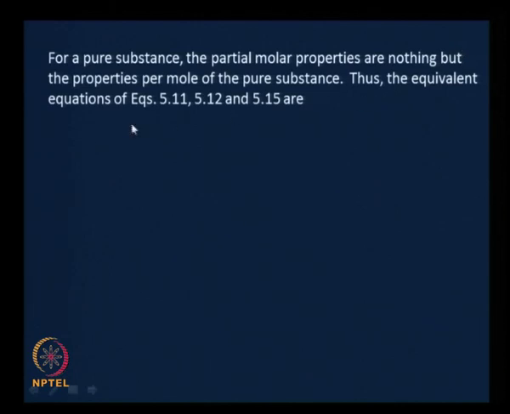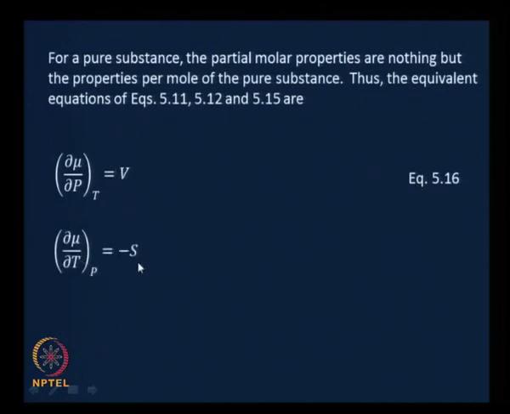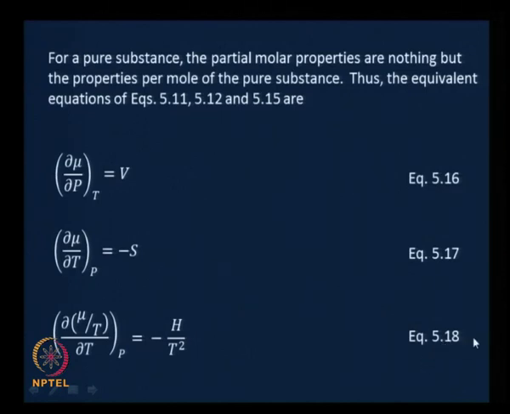Thus the equivalent equations of 511, 512 and 515 are: ∂μ/∂P at constant T equals V, equation 516; ∂μ/∂T at constant P equals minus S, equation 517; and ∂(μ/T)/∂T at constant P equals minus H by T squared, equation 518.